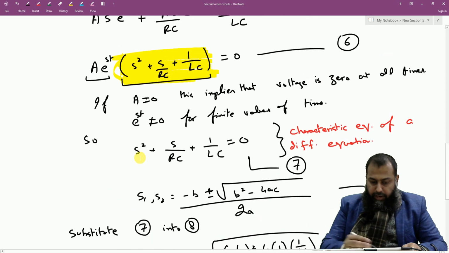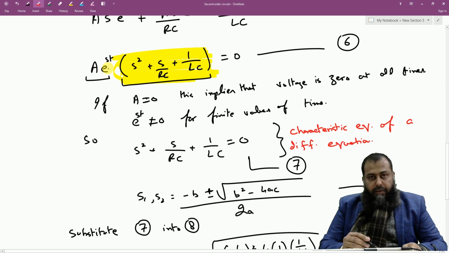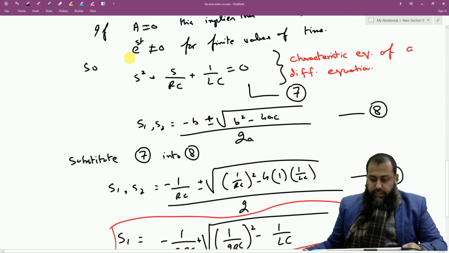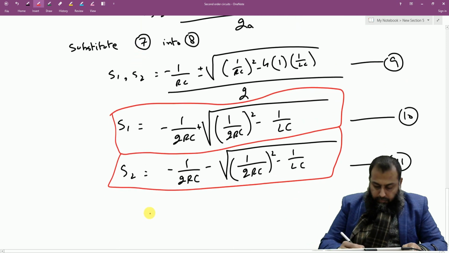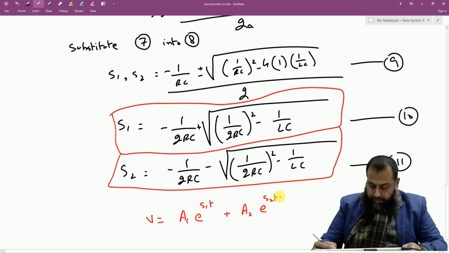Now this particular equation has two roots. So a e to the power st, equation number 6, becomes v is equal to a1 e to the power s1t plus a2 e to the power s2t, and this is also a solution.